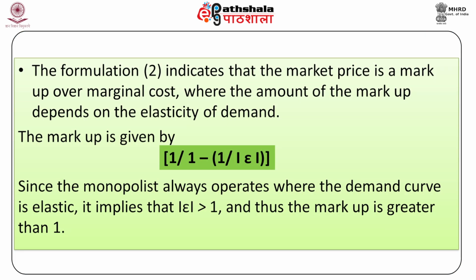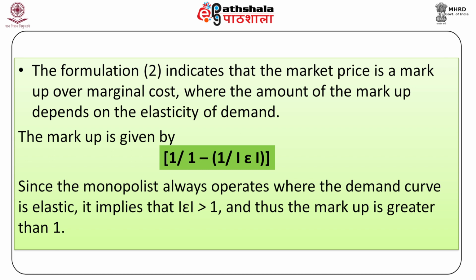The formulation 2 indicates that the market price is a markup over the marginal cost, where the amount of markup depends on the elasticity of demand. The markup is given by 1 upon 1 minus 1 upon the absolute value of sigma.